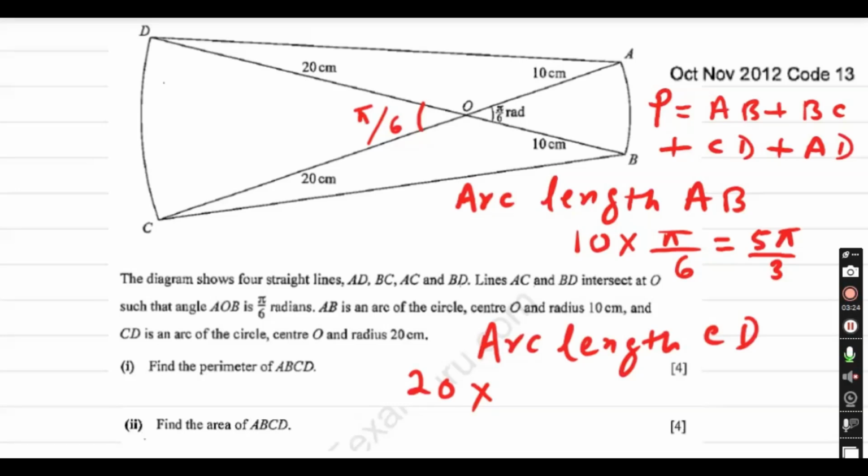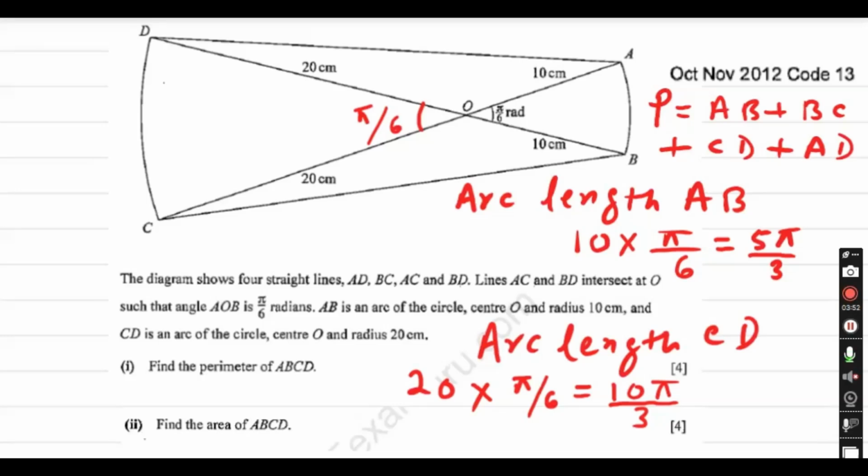Therefore, the arc length CD is 20 multiplied by theta, which is pi by 6. Simplify it. 20 into pi by 6 is 10 pi by 3.